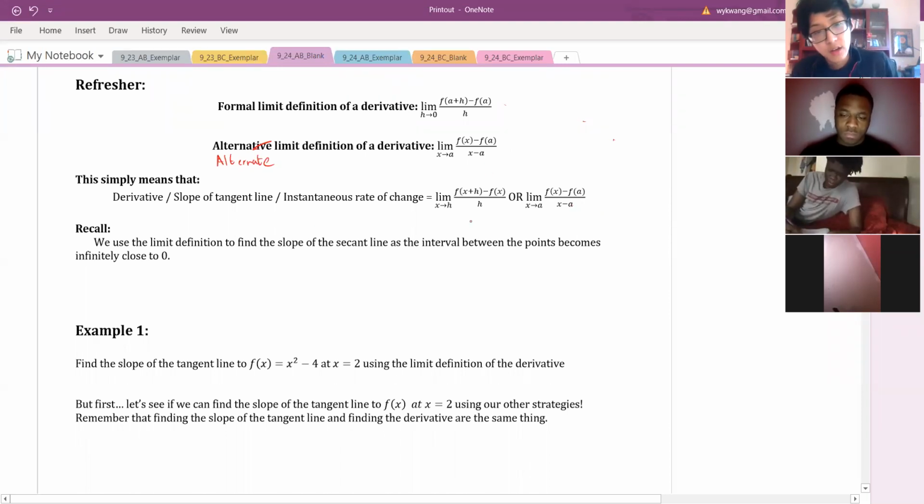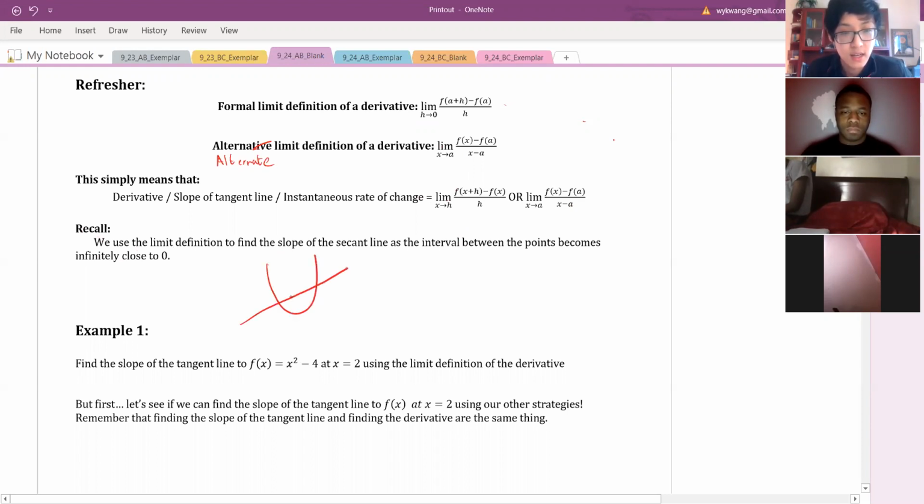Now, yesterday I tried to explain these limits conceptually. Recall we used the limit definition to find the slope of the secant line as the interval between the points becomes infinitely close to 0. Yesterday we looked at how a secant line is a bad estimate of the rate of change. But as you do secant lines for closer and closer points, let's say I do a secant line for these two points, it's a better estimate for the instantaneous rate of change.